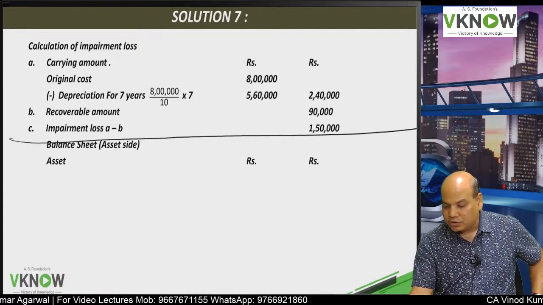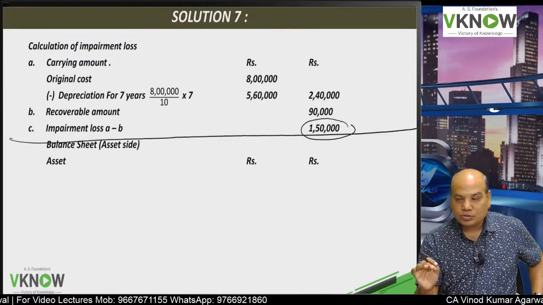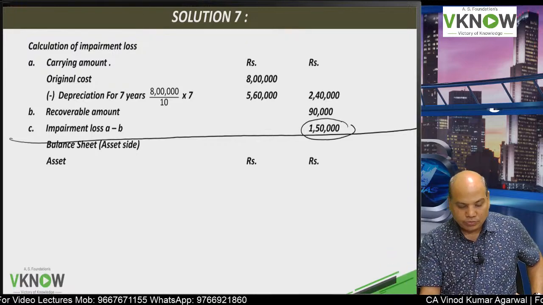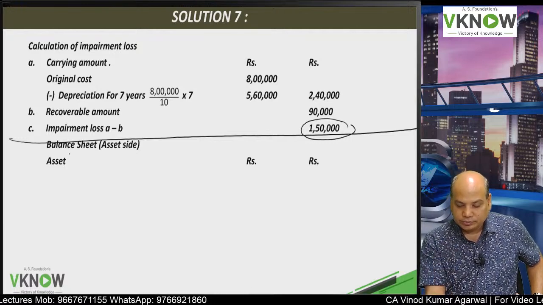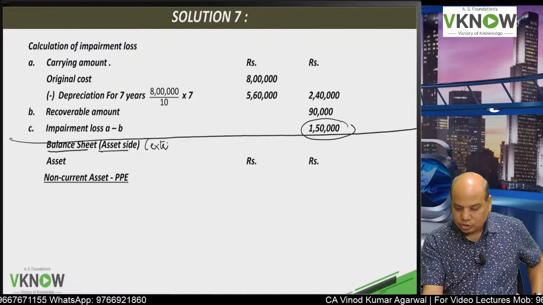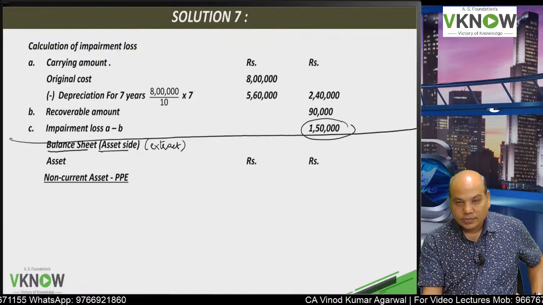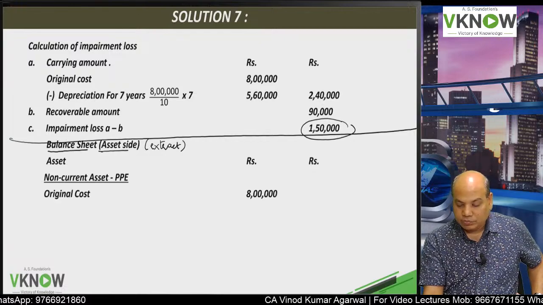So first thing we have studied about impairment loss. The answer is printed. So I am not dictating again because I have to write the same thing. In the balance sheet, asset side, it is an extract, not the complete balance sheet. We have non-current asset called PPE.